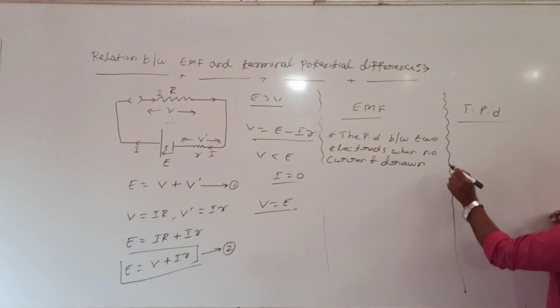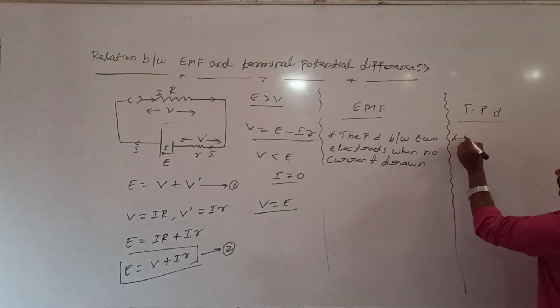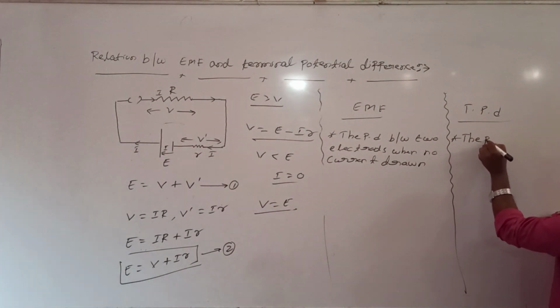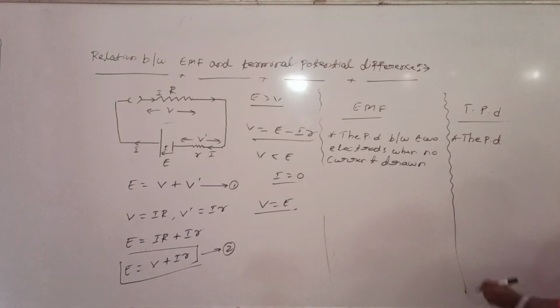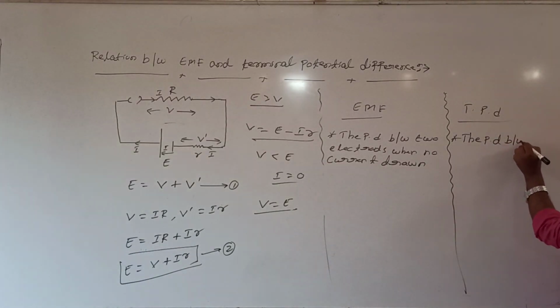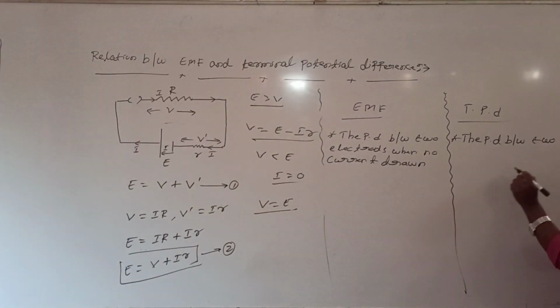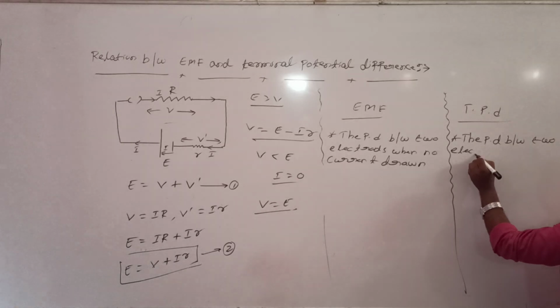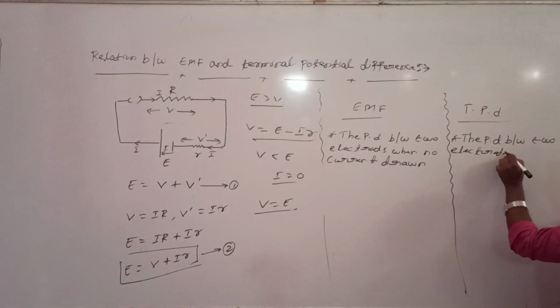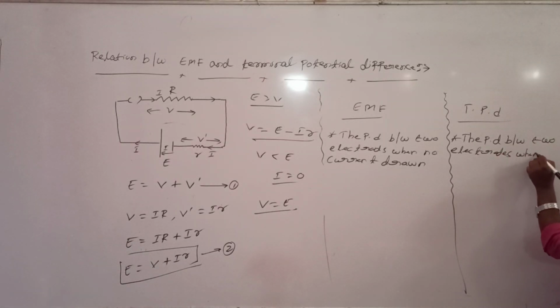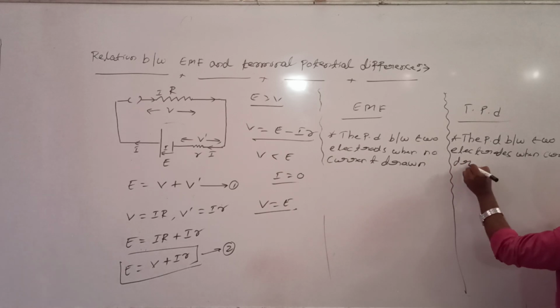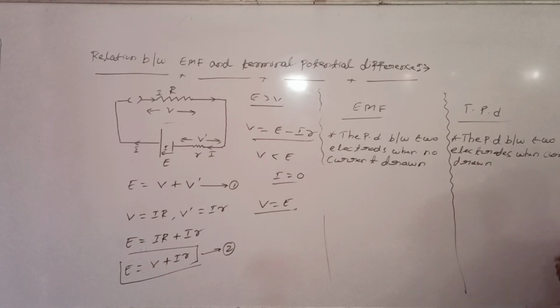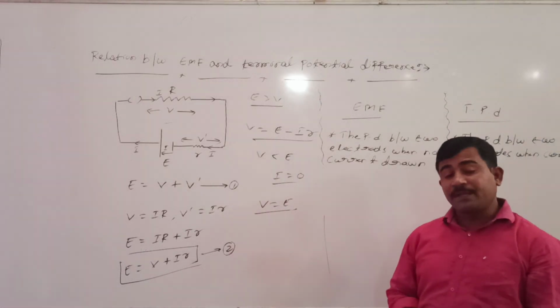Here, the terminal potential difference is the potential difference between two electrodes when current is taken from the cell, or current drawn from the cell and current flows.